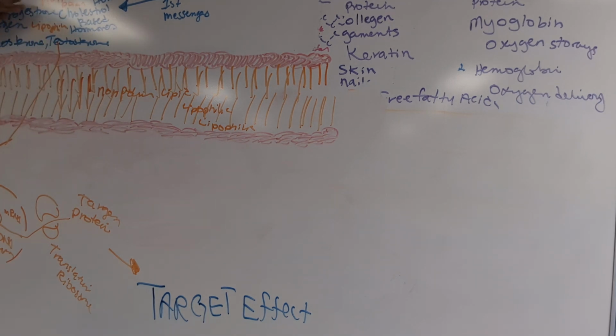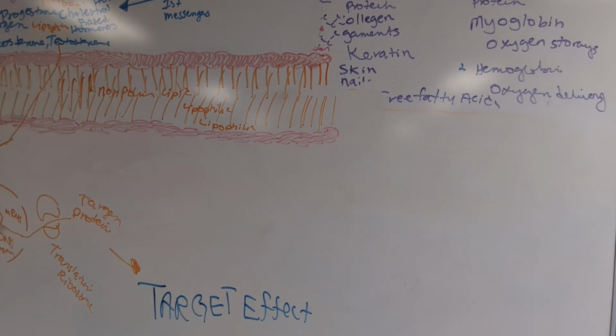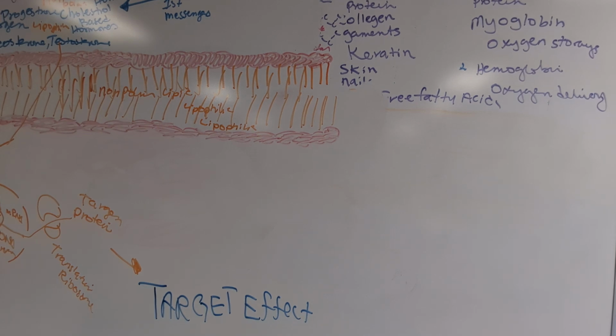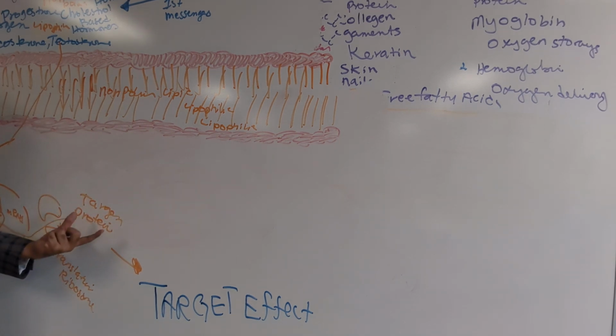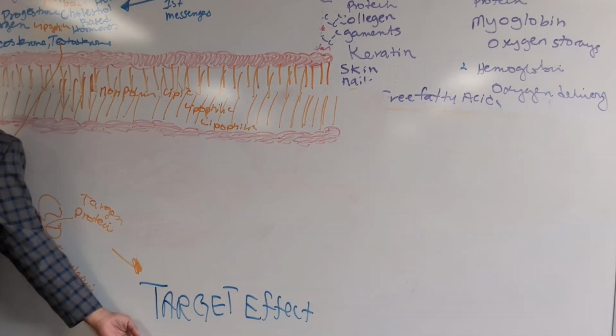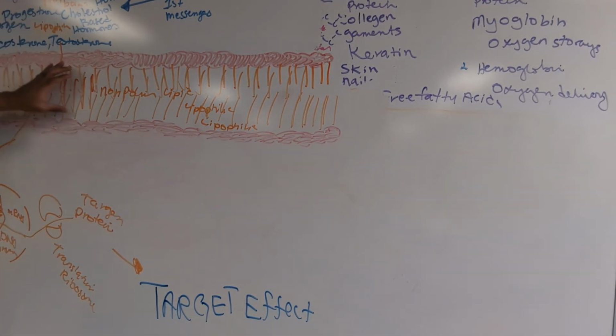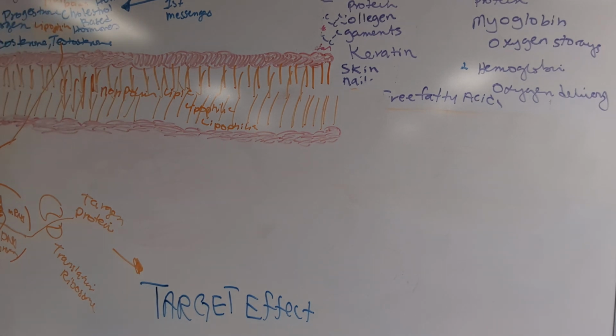The first messenger is able to cross the bilayer leaflet and cross the nuclear membrane and bind to the chromosome and is able to transcribe mRNA, and the mRNA that has been transcribed is going to generate for us a transcript that will be translated, and then will give us the target protein, and the target protein will give us the target effect. So because we are nonpolar like the bilayer leaflet, we did the job by ourselves.